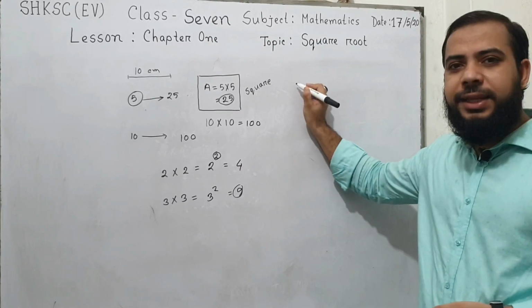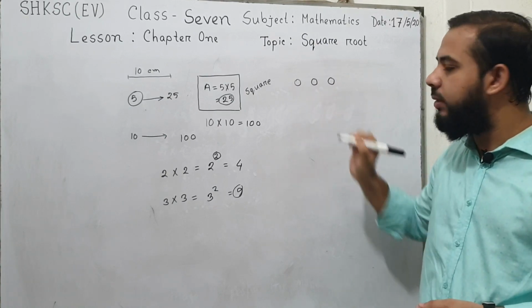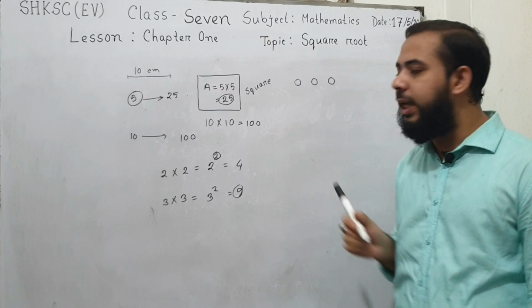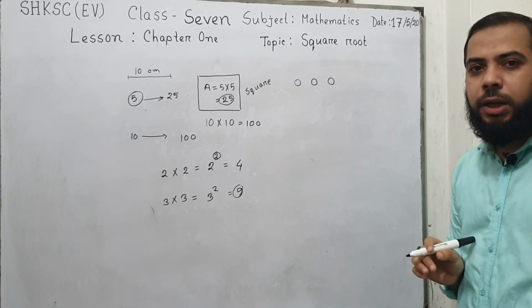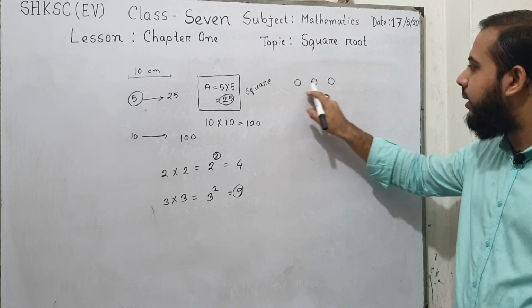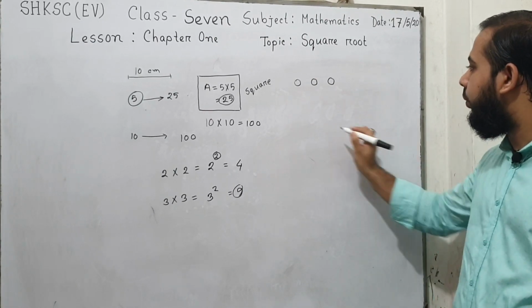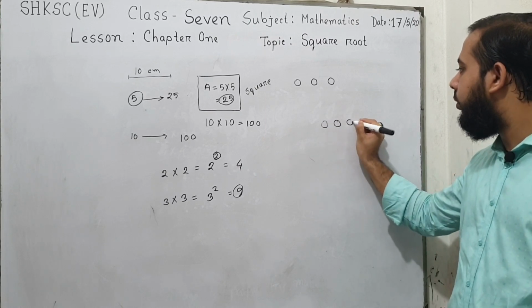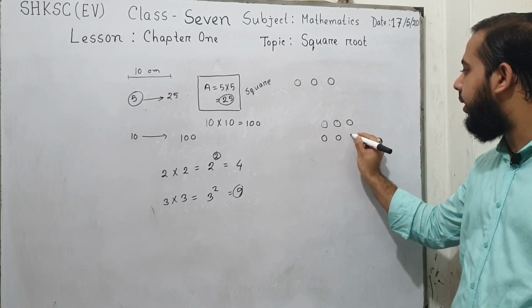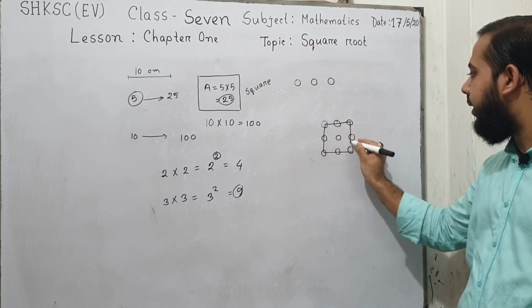Again, you can see another example. Let's say 3 dots are given and you are asked to make a square shape with these dots. To make a square shape, we draw 3 dots here, and again 3 dots here, and then we can get a shape like this.